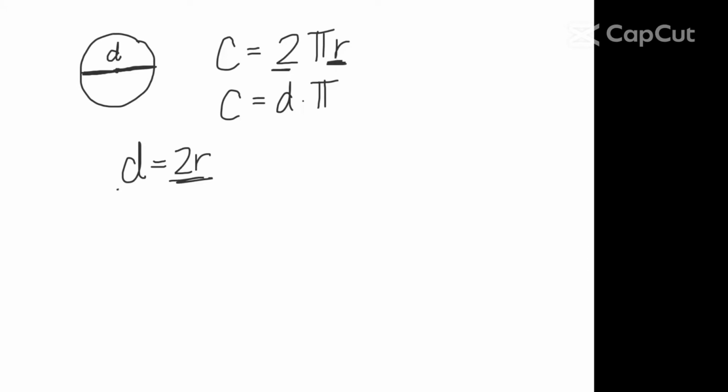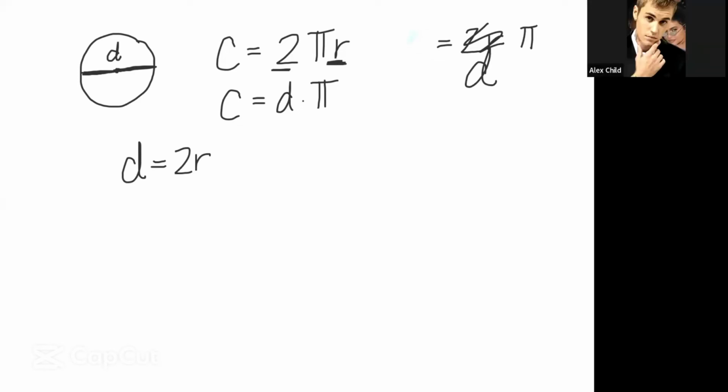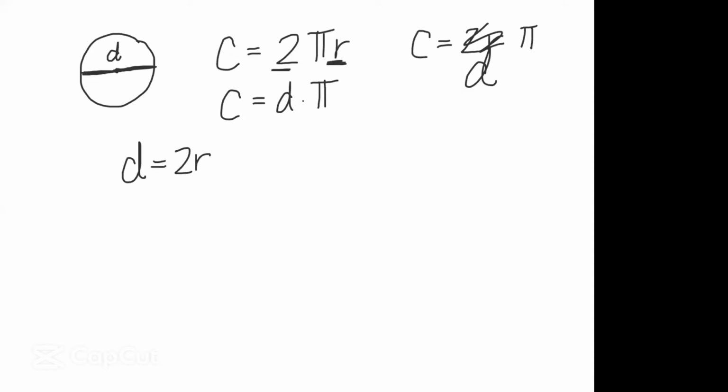Yeah. So it's almost like I did c equals 2r pi. And then this, I turn it into a diameter. Okay. All right. So it's the same, right? It's the same thing. Yes.